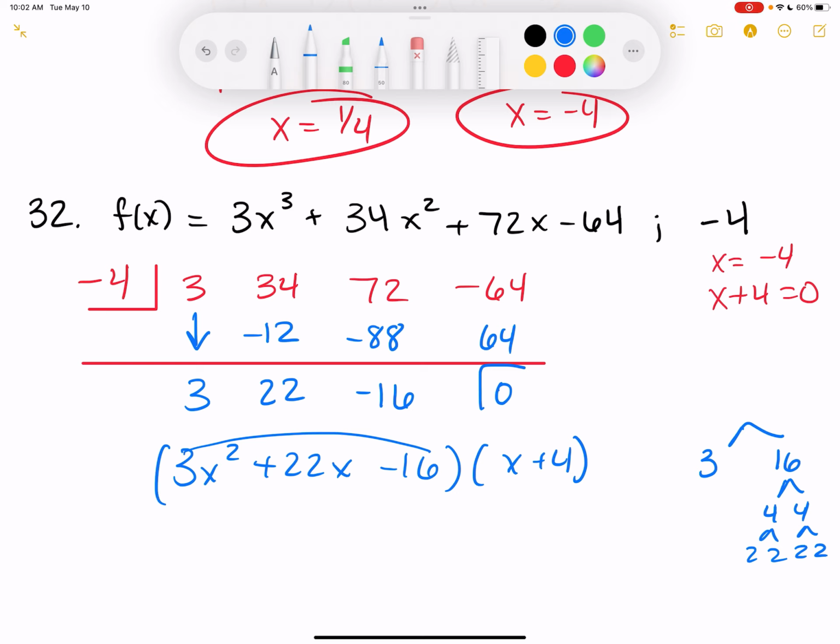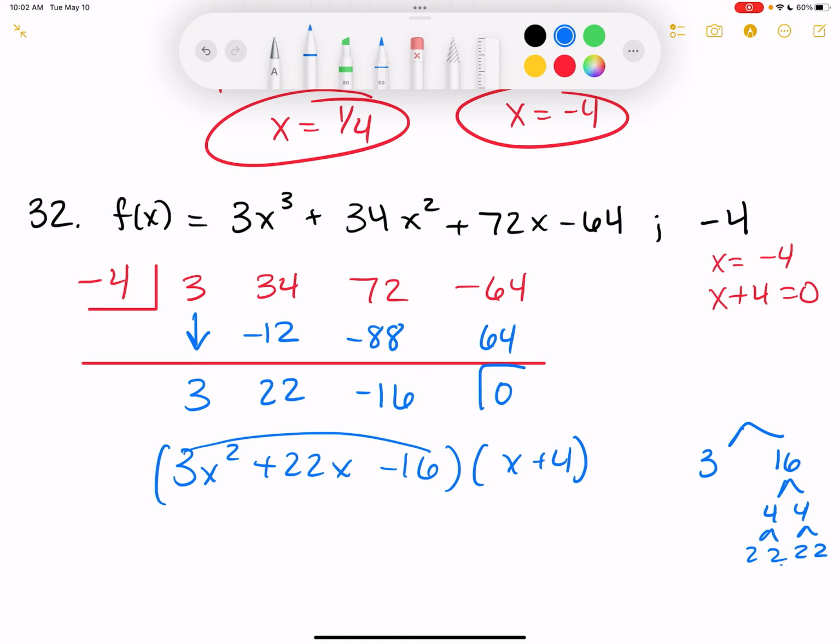What factors add up to 22? And something's got to be negative, because that's a negative. 22. We'll start running different options. 3 times 2 is 6. 2 times 2 is 4. 8 and 6.